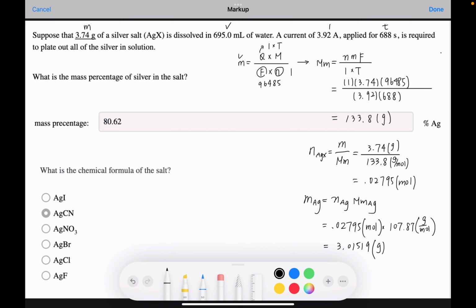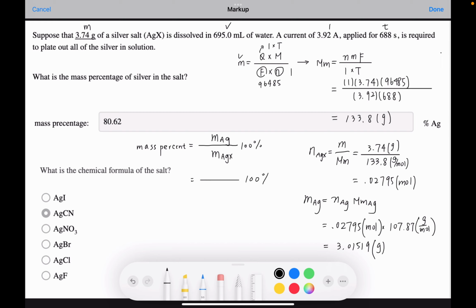And because we already calculated the mass of silver, we can actually calculate the mass percentage, also known as mass percent. Mass percent will be equal to the mass of silver divided by the mass of silver salt times 100%.